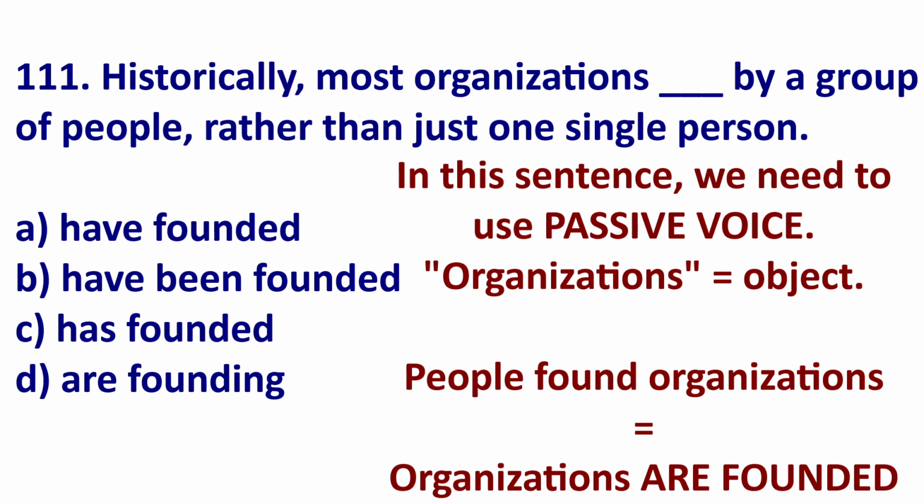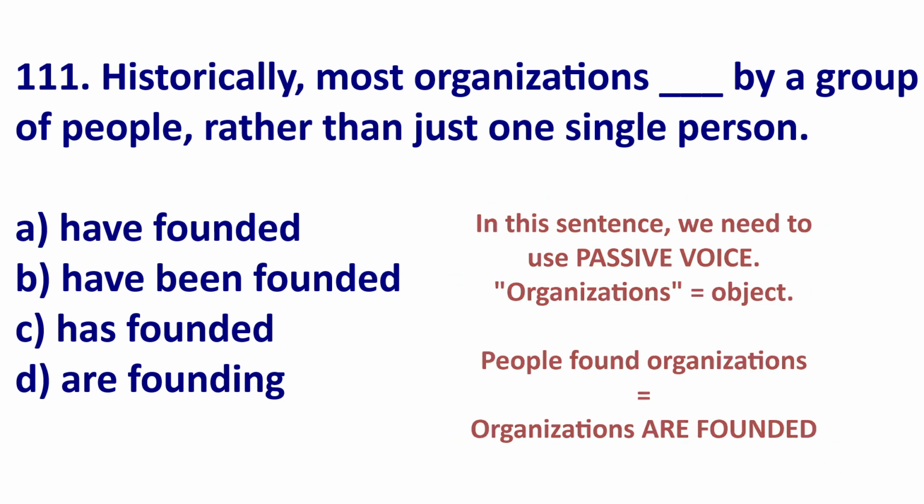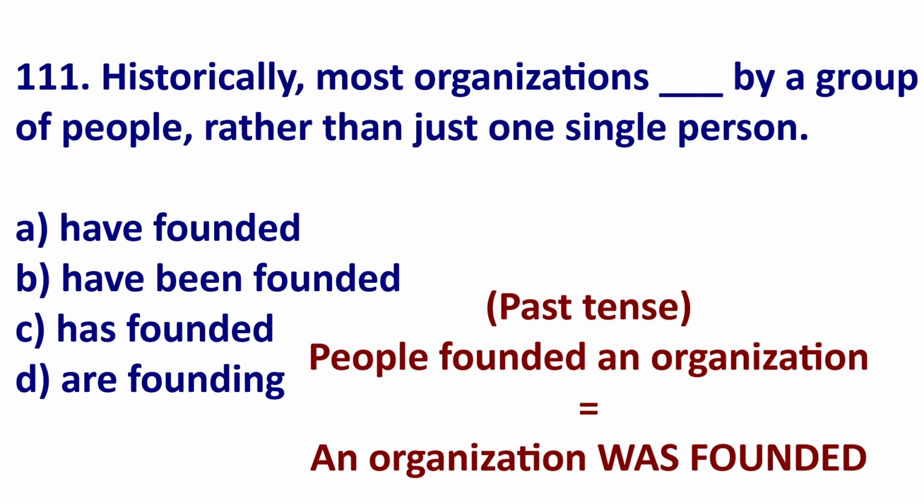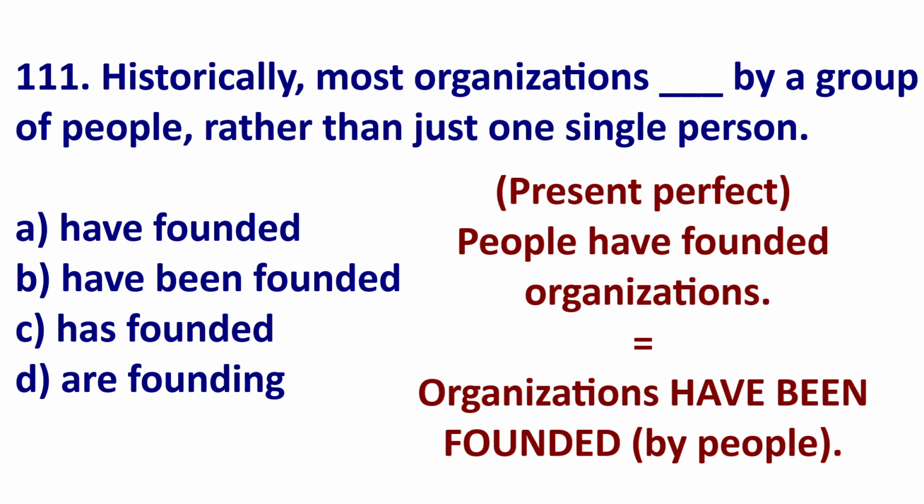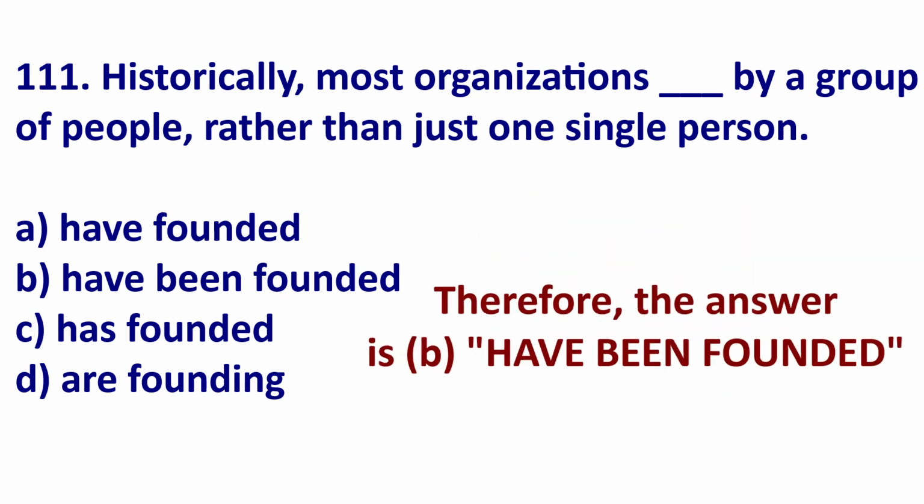Remember, people found an organization. Therefore, an organization is founded. So, someone or a group of people founds an organization. Okay, so they establish it. So in passive voice, an organization is founded. If it's past tense, an organization was founded. If people have founded organizations, well, passive voice, organizations have been founded. Therefore, the answer is B.